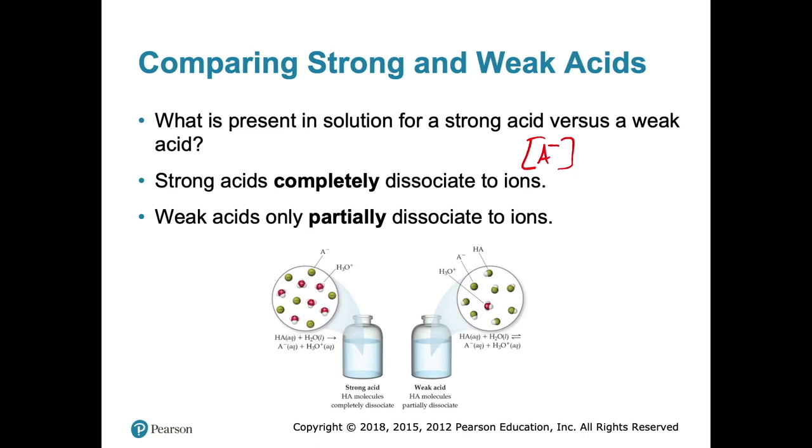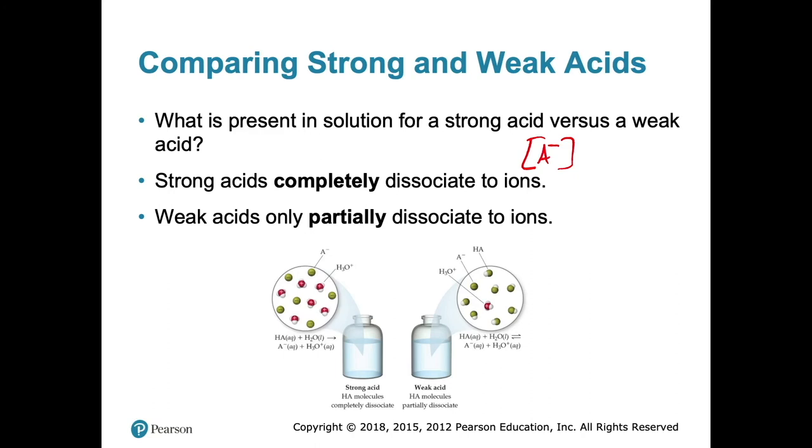Almost no H3O molecules at all. Most of them stayed the original acid, for example, acetic acid. So acetic acid, being a weak acid, will stay together most of the time, leaving you with mostly water and acetic acid. Whereas hydrochloric acid, because it's a strong acid, breaks completely into hydrogen ions and chloride ions.